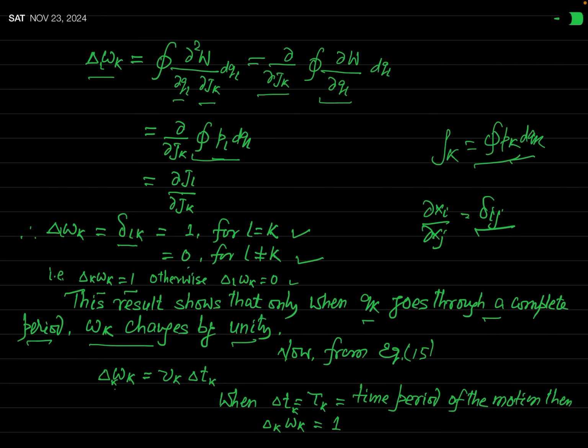So delta k omega k equal to nu k times delta t. This is the change in t.